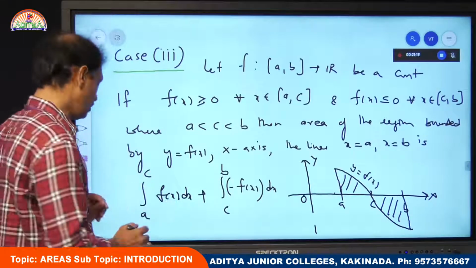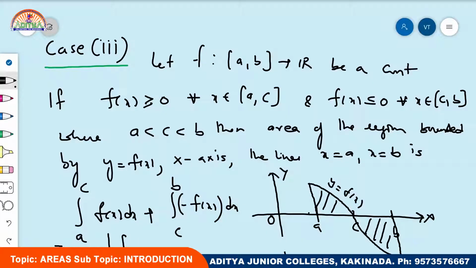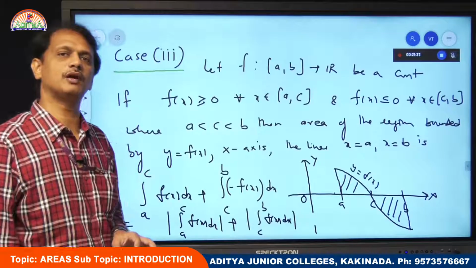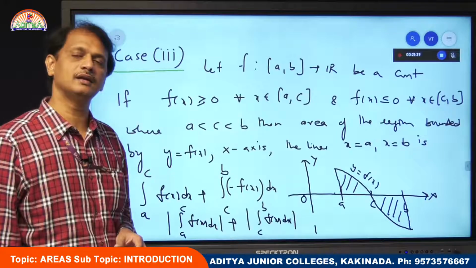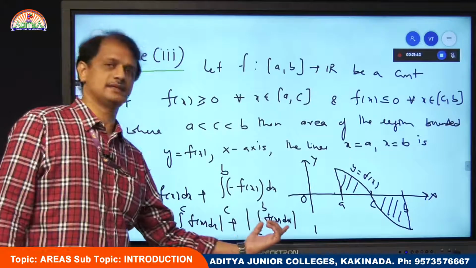Okay. Now, you can write this by applying modulus also. Modulus of integral a to c f of x dx plus integral c to b f of x dx. Why, sir, are you always writing the modulus formula also? Suppose you forgot to add a sign, then you will get a negative value. To avoid that, I am writing the modulus.